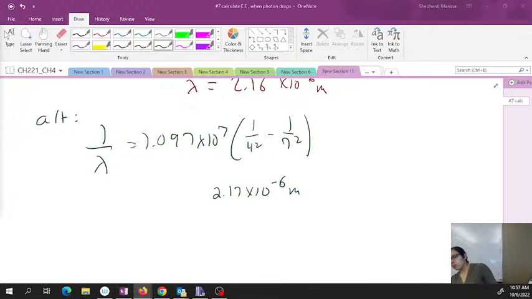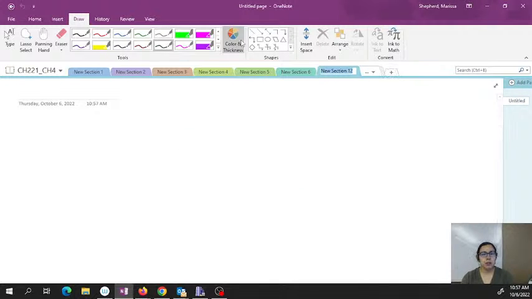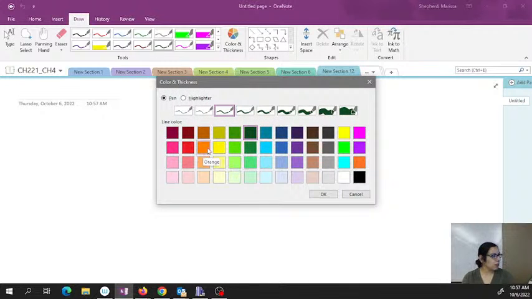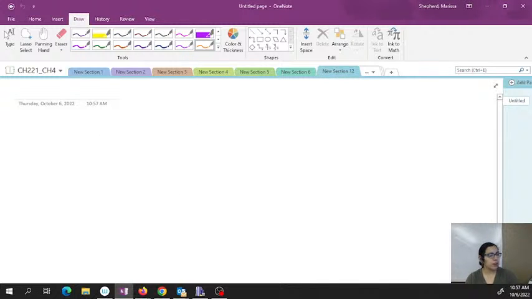The de Broglie wavelength one, is that the one? Let's do another page. So calculate the de Broglie wavelength for an electron traveling at 2.0 times 10 to the 5th meters per second. So I'll give everyone some time to try it.